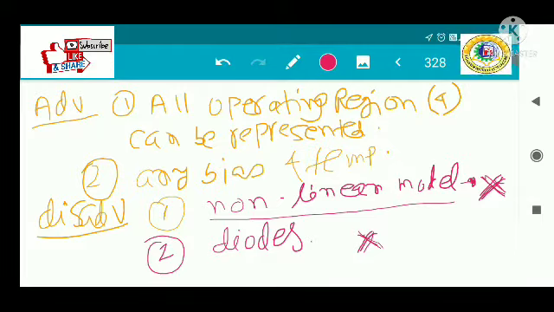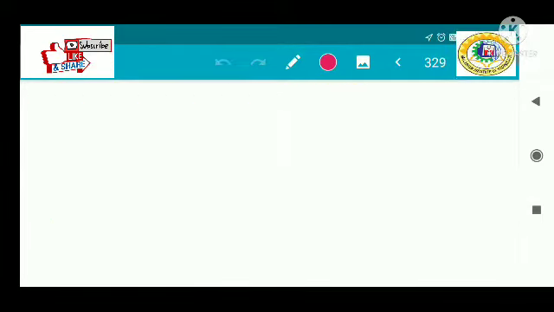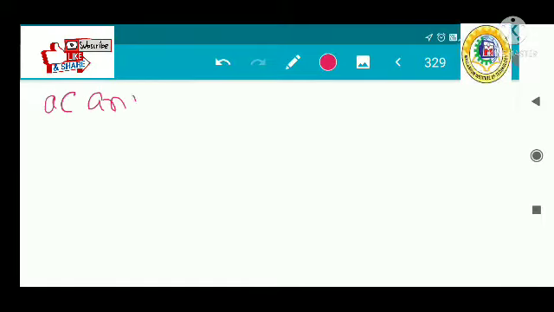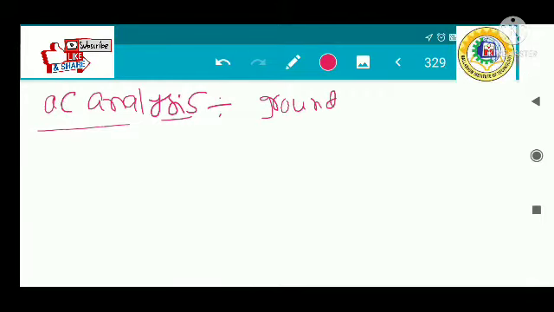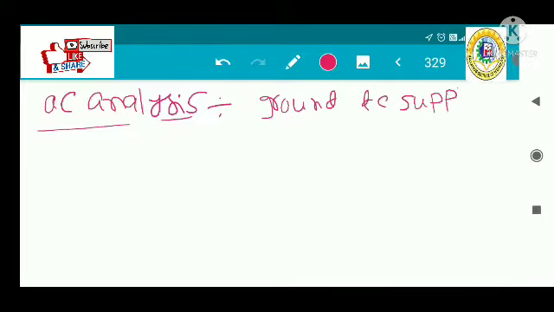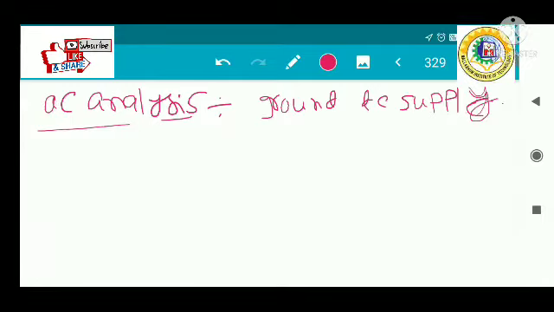So, the summary. In the previous two lectures we discussed how AC analysis is performed and the steps towards it. The first step is to ground the DC supply. In transistor AC analysis, we model the transistor with different models, apply an AC signal, and see how it behaves, to calculate the input and output resistance and the voltage gain.